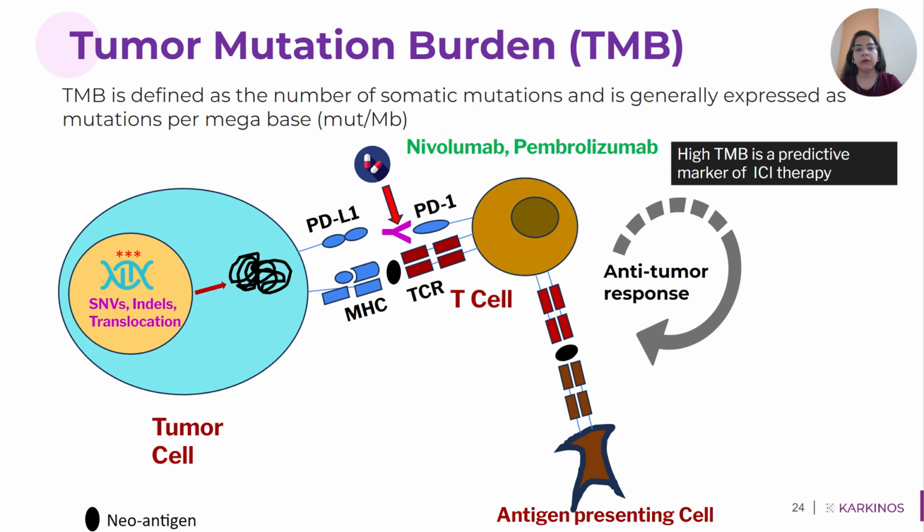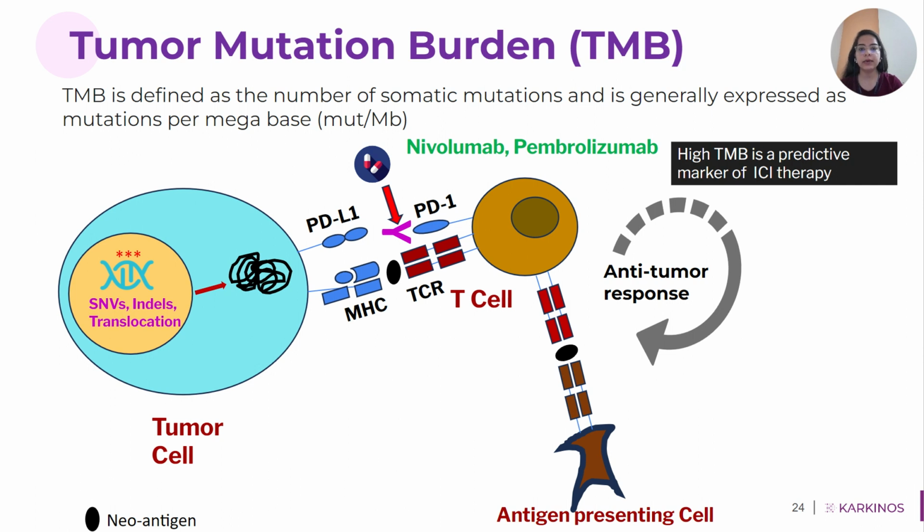Now, to take care of the optimal immune response, the T cell has inhibitory molecules called PD1 and CTLA4, which are leveraged by cancer cells by having PDL1 as a receptor. Now, the interaction between PDL1 and PD1 could send a turn-off signal to the T cell, and hence the T cell would become inactive.